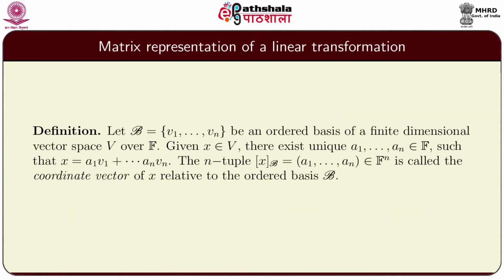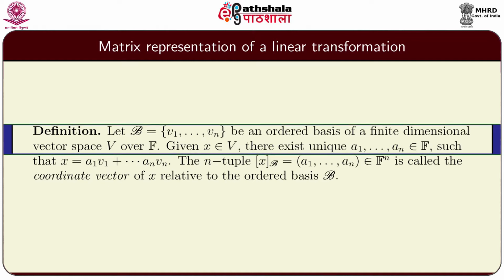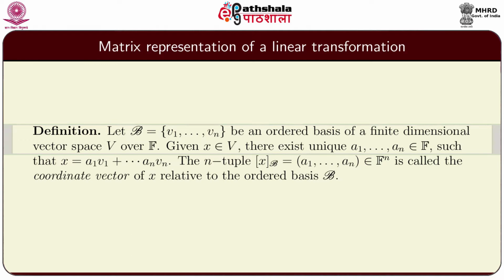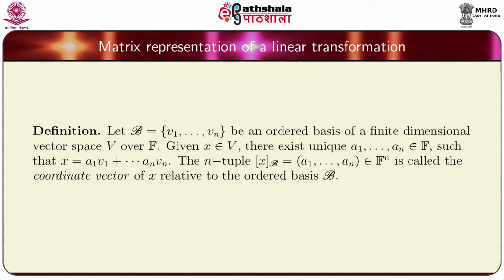Let B given by v1, v2, ..., vn be an ordered basis for a finite dimensional vector space V over the field F. Now given any vector x in V, we know that it can be expressed as a unique linear combination of v1, v2, ..., vn, and it would look like x is equal to a1 v1 plus a2 v2 plus ... plus an vn, where a1, a2, ..., an are scalars.